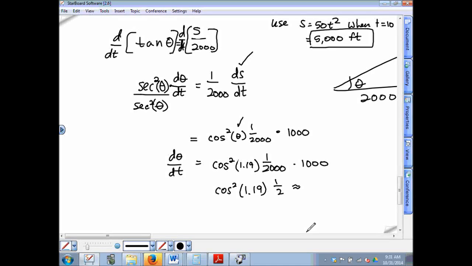You got 0.07? Anybody else? I got 0.07. So the rate of change of the angle of elevation is about 0.07 radians per second.